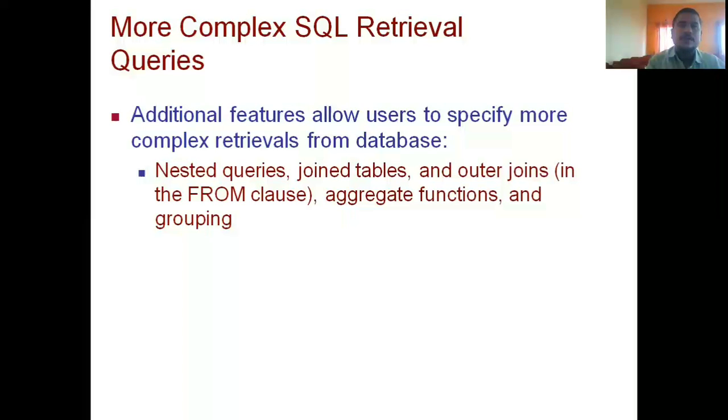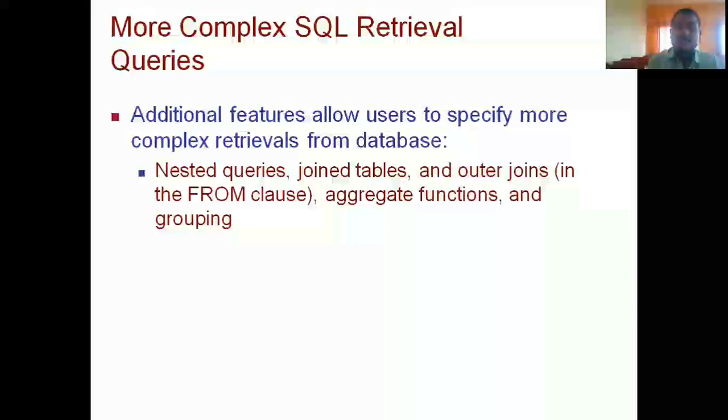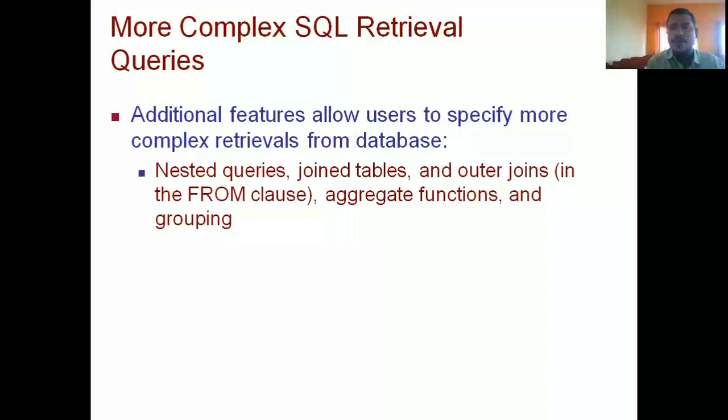So here also in the structured query language, nested queries means a query which consists of one more query. And two relations, or you can say two tables, made combined, that is considered joined tables: student table, staff table, both combining, that is a joint table. This is one example.